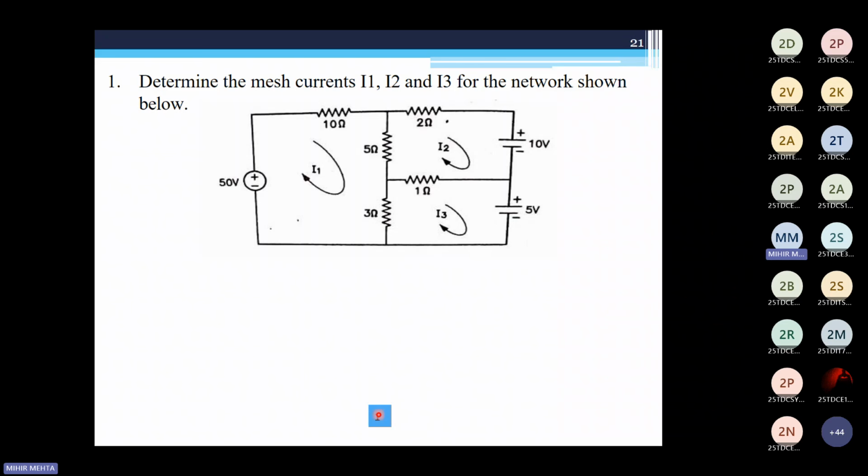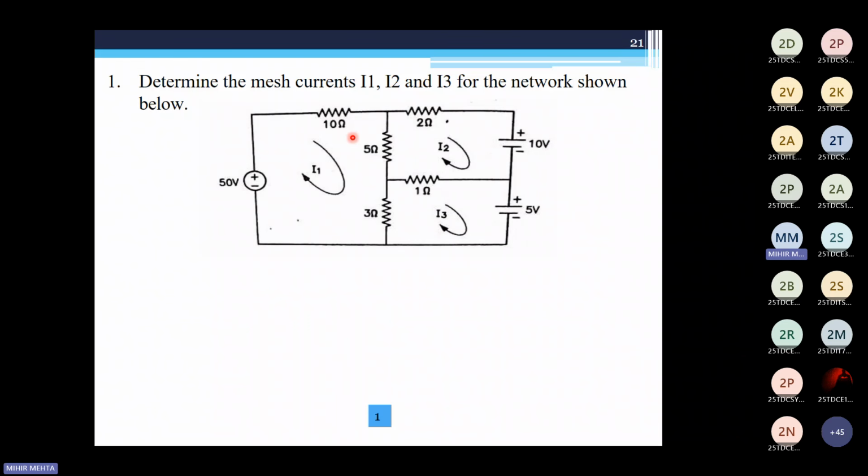Here is a question for solving these mesh currents I1, I2, and I3. We need to figure out what the values of I1, I2, and I3 are. So let's start making the equations here. The diagram that we had seen earlier had the voltage drops and the positive and negative signs of the voltage given to you, which is not given here.